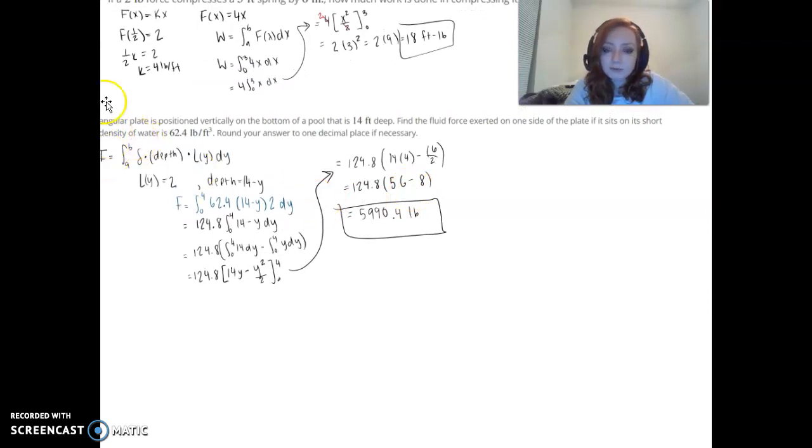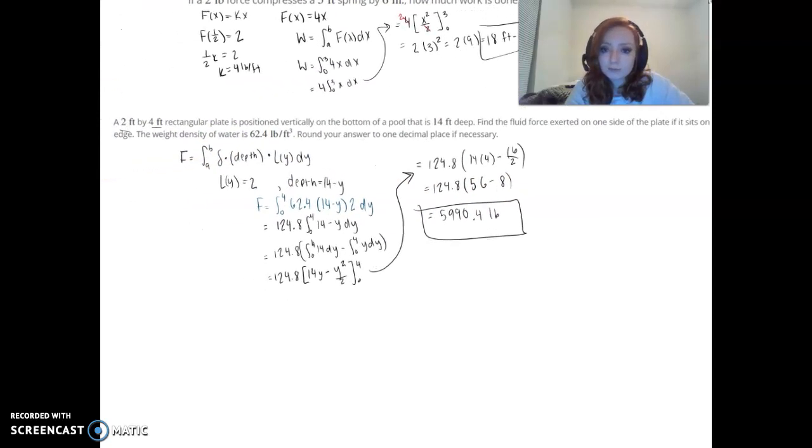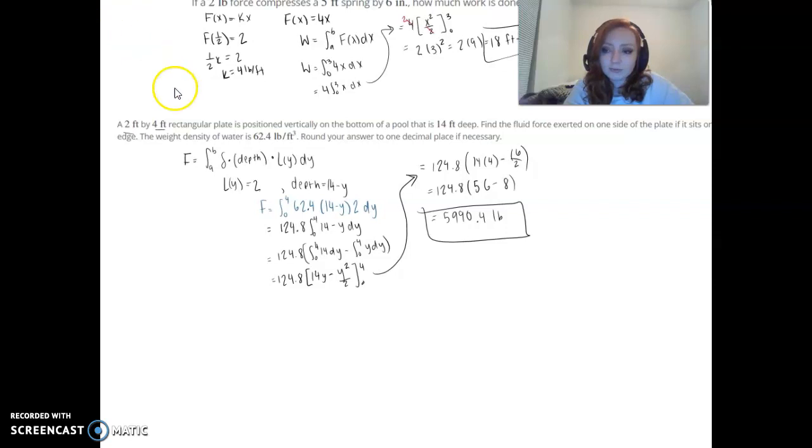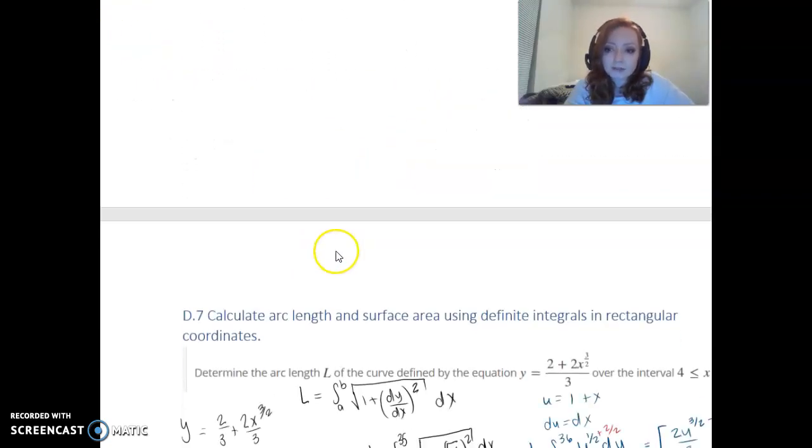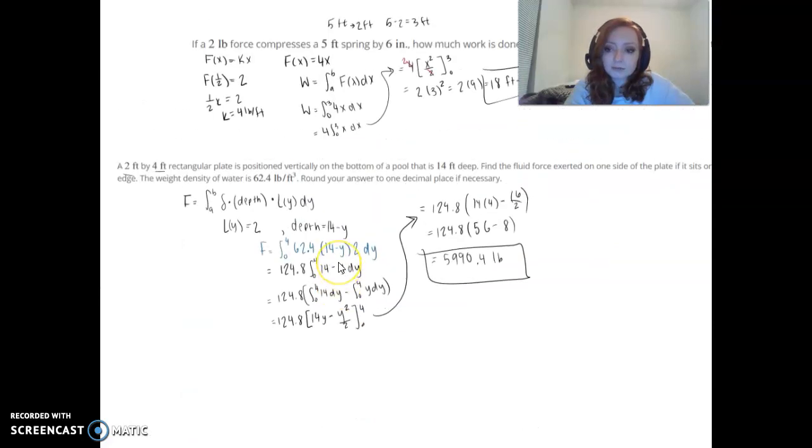The second one is a 2 feet by 4 feet plate. So I'm just going to show this really quick. It was the density of water times the depth times the length.